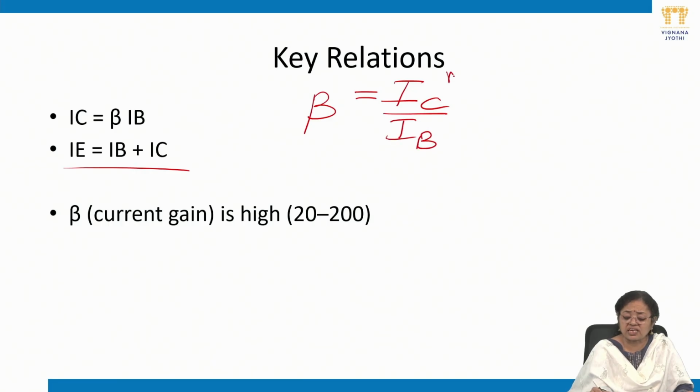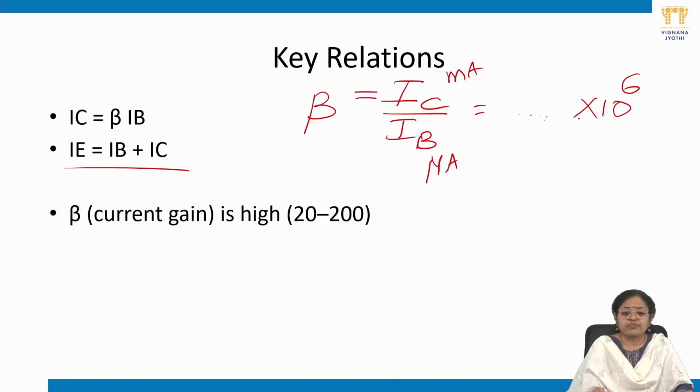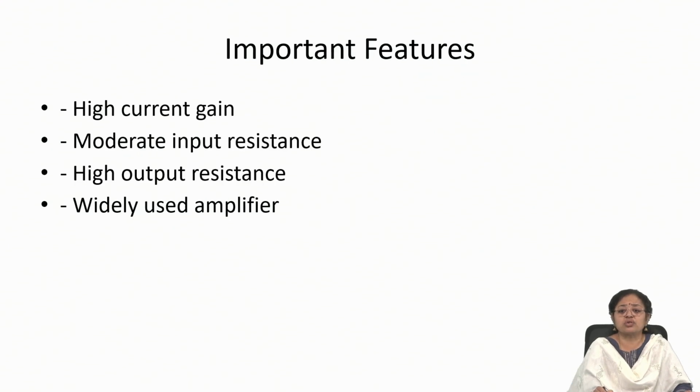We know that IC is in milliamps and IB is in microamps, leading to a high value of beta. So the value of beta is 20, 200, 250 and so on, which shows that the current gain is very high in common emitter configuration. Therefore, common emitter configuration is used in all the applications.